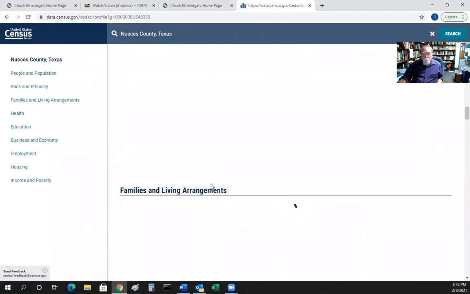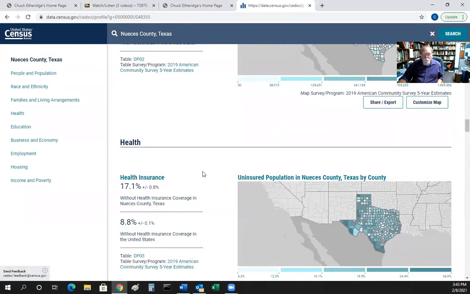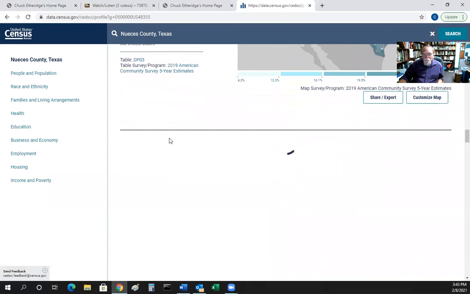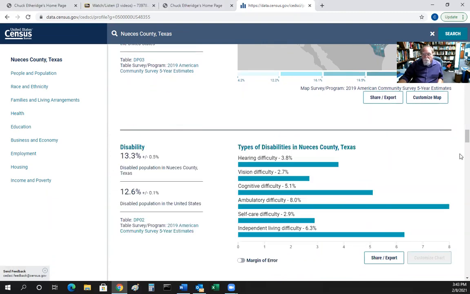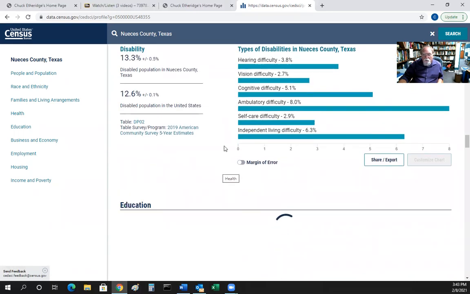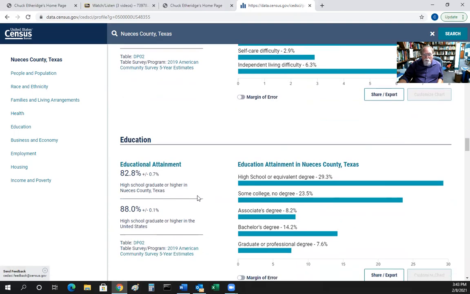What are we looking for? Health insurance. 17.1% people without health insurance. All these things affect people's health as well. So more people with disabilities, more people with ambulatory difficulties, people with trouble walking.